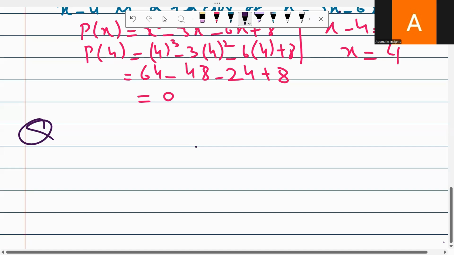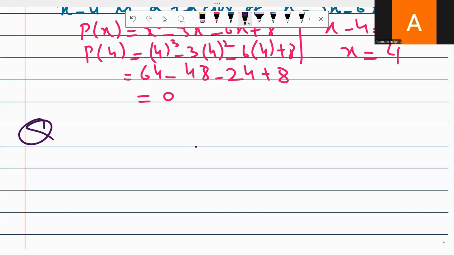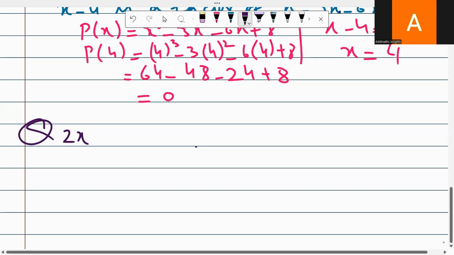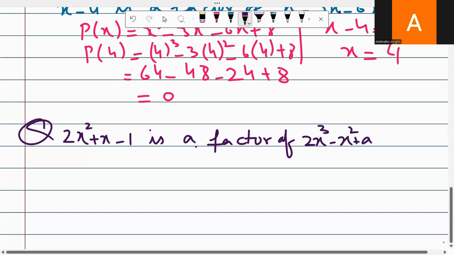Now the next question is: 2x square plus x minus 1 is a factor of 2x cube minus x square plus ax plus b.